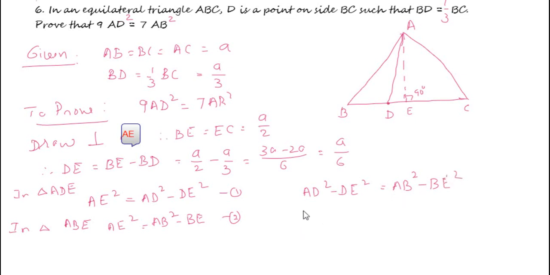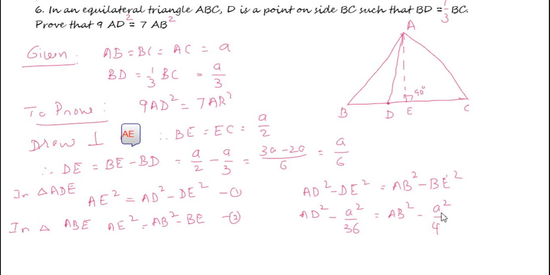Now AD square we will keep as it is, minus DE square. DE is A by 6, so DE square is A square divided by 36, equal to AB square minus BE square. BE is A by 2, so minus A square divided by 4.